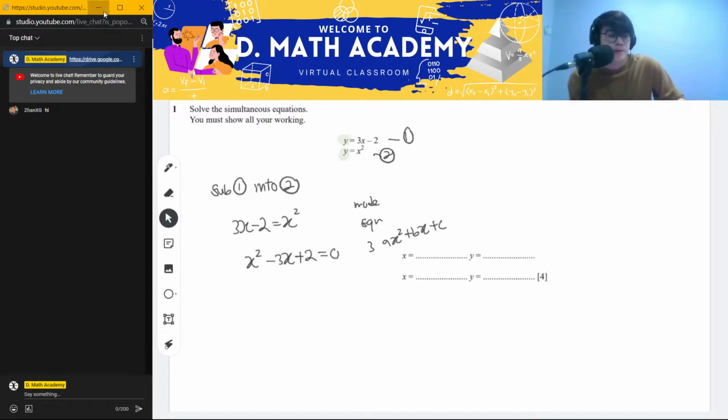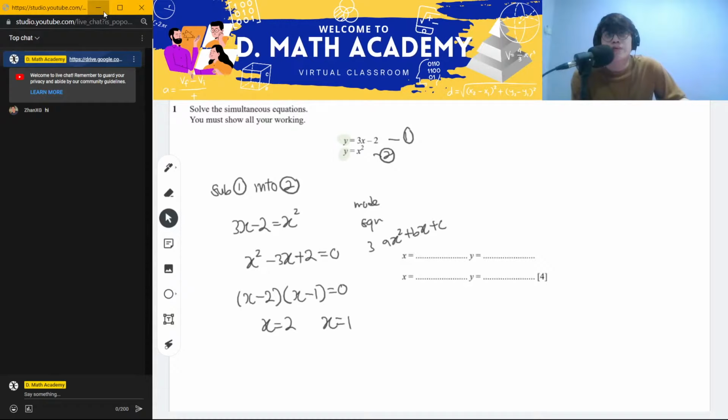Do that, and you should end up with your first result here: 2, and then the other one is 1. So x equals 2 and x equals 1 are the 2 respective answers that you should be getting.